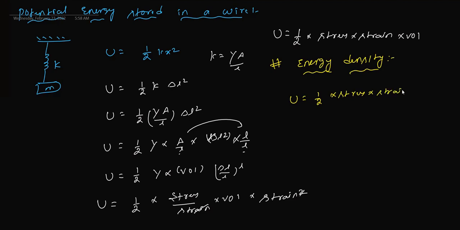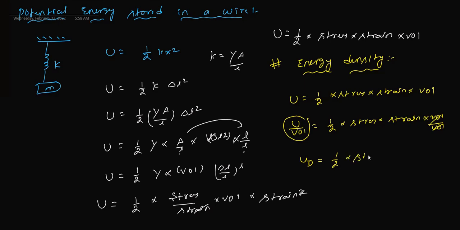Energy density means divide by volume, so U by volume equals half into stress into strain into volume divided by volume. Volume will get cancelled here. Therefore, energy density, for which they give the symbol small u, is energy by volume, so UD equals half into stress into strain. This is how we can prove this.